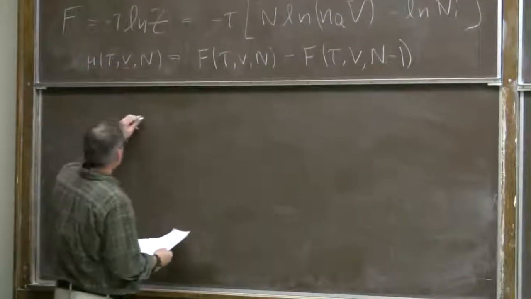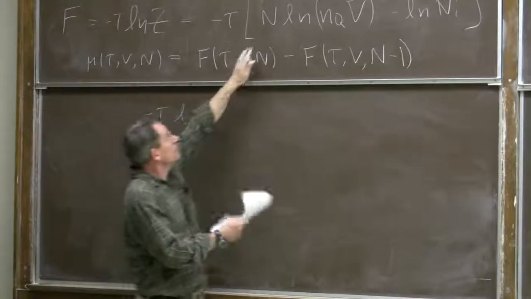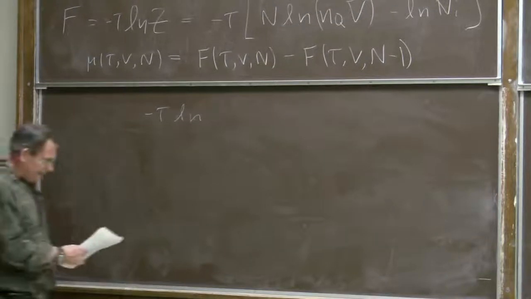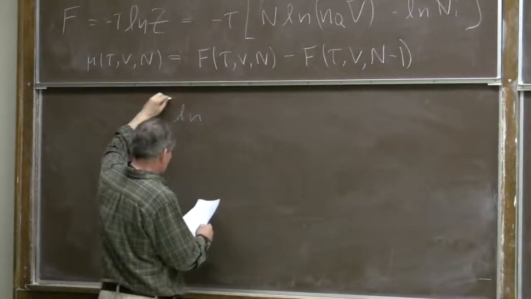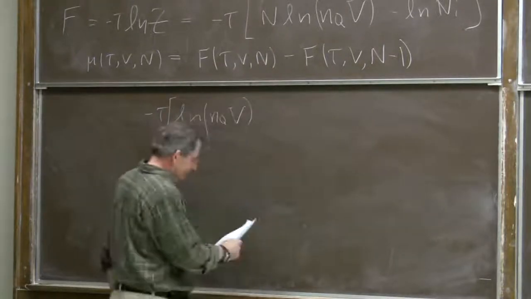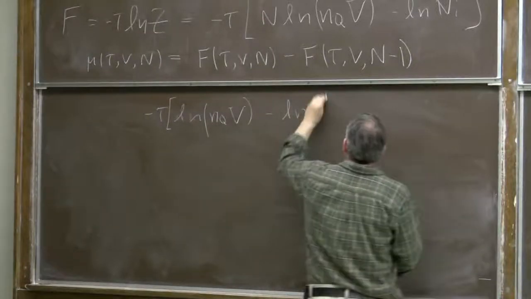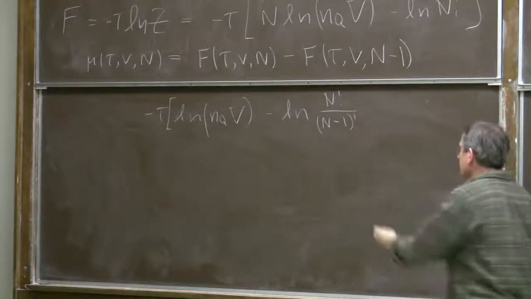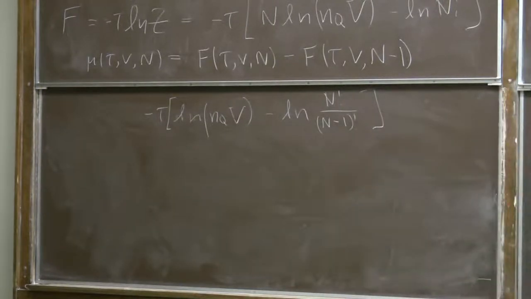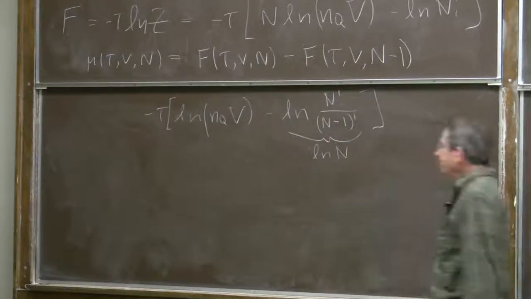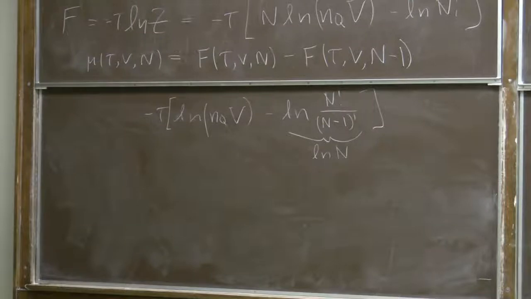So we can see that will be minus tau when the coefficient of the log changes from N minus 1 to N. We get the log of nq times volume. And then I get the log of N factorial minus the log of (N minus 1) factorial from the change in the N factorial term, which of course is just the log of N. And I can combine that together with the other logarithm.